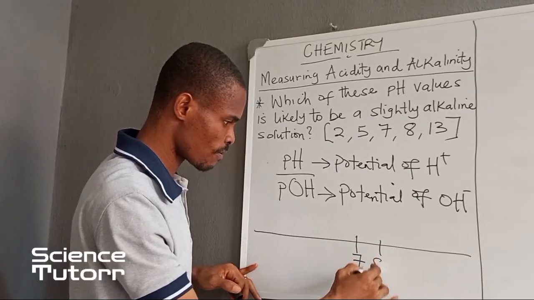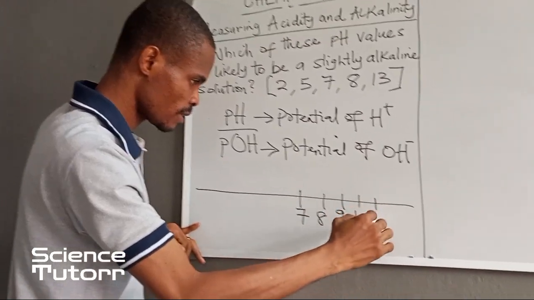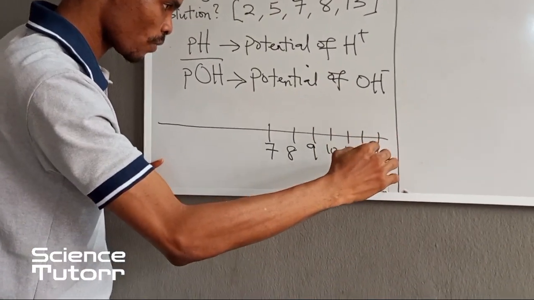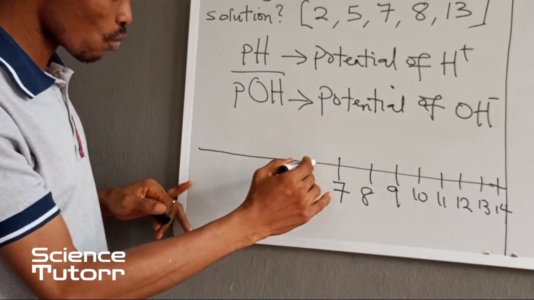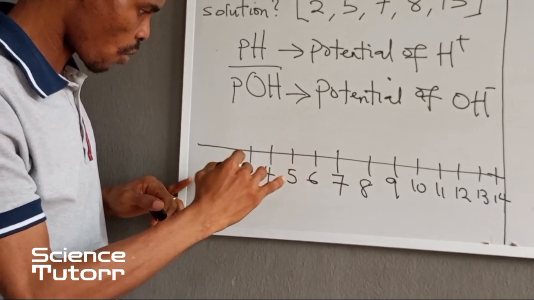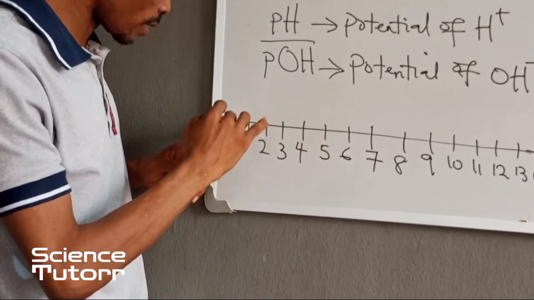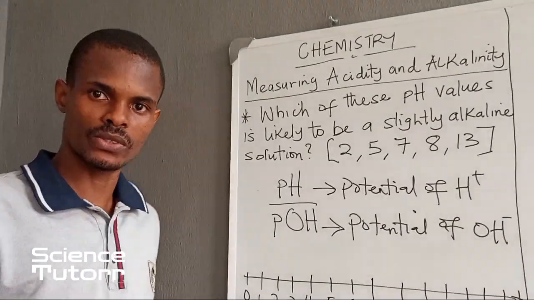Moving to the right we have 7 to 14. So 8, 9, 10, 11, 12, 13, and 14. Then moving to the left we have a series of numbers 6, 5, 4, 3, 2, 1, and 0. This is how the pH scale looks.